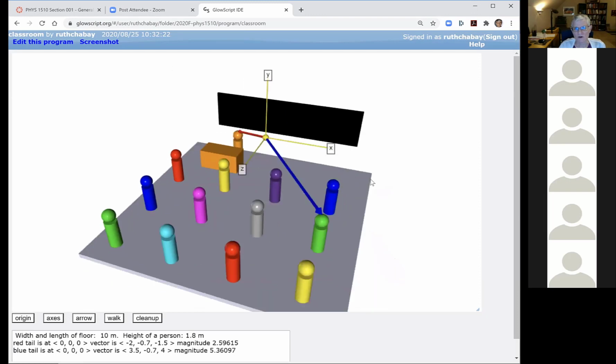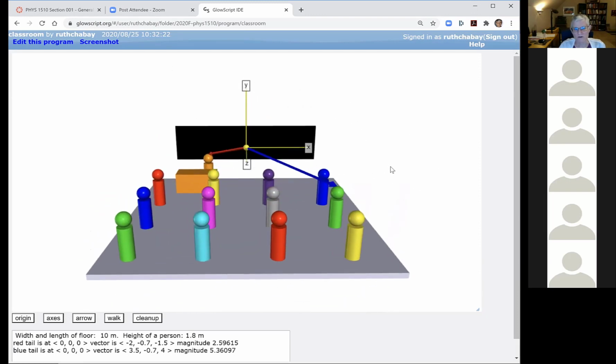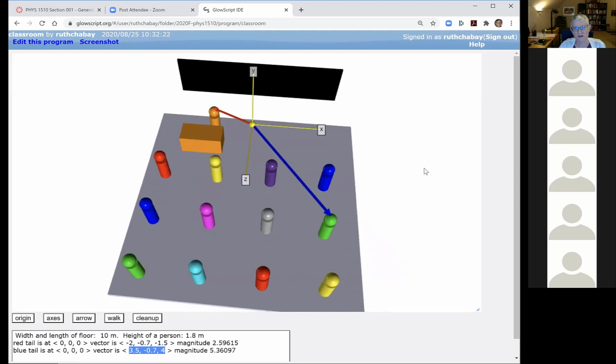The z-coordinate ought to be positive because we're going in the plus z direction, but the y-coordinate should still be negative because we're still going down from the origin. And so it's plausible that these, down at the bottom, it's actually printing out the coordinates. It's 3.5 in the plus x direction, minus 0.7 in the y direction, and 4 meters in the z direction.